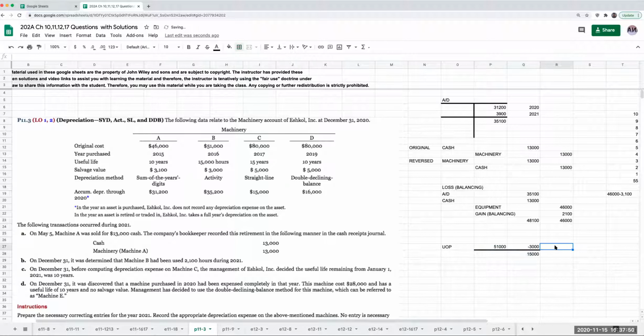This gives me 48,000 divided by 15,000, or a rate of $3.20 per hour. If I've taken a total amount of depreciation of 35,200, that gives me this number right over here.